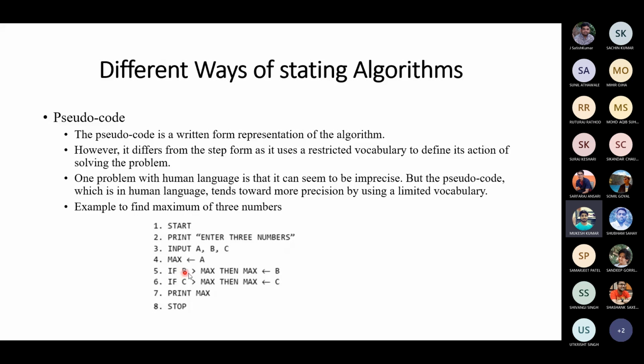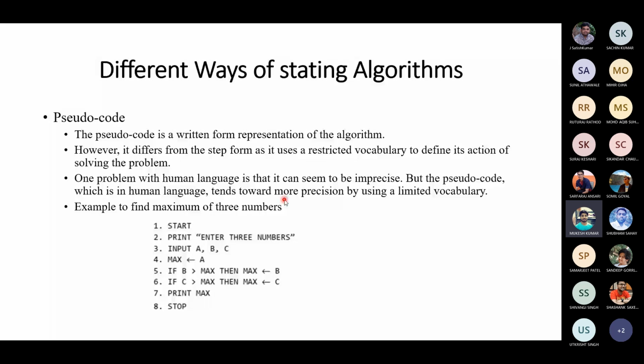One problem with human language is that it seems imprecise. It's not perfect, but pseudocode in human language will have more precision. We will try to define things more accurately with a limited vocabulary.